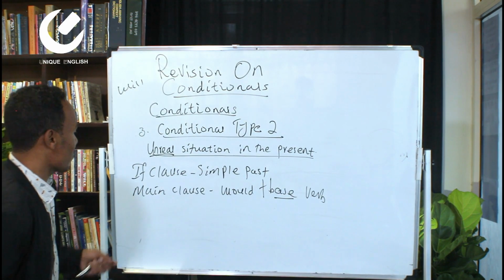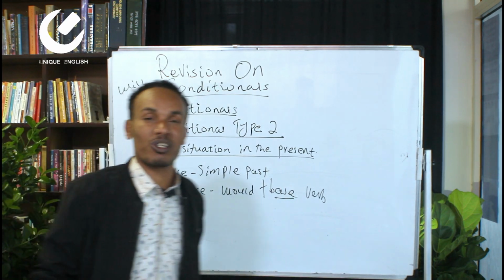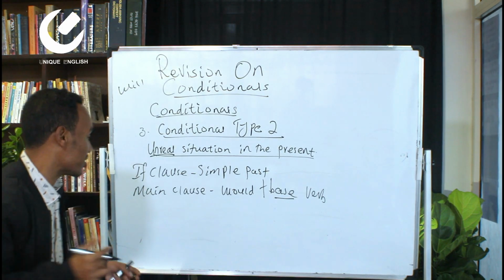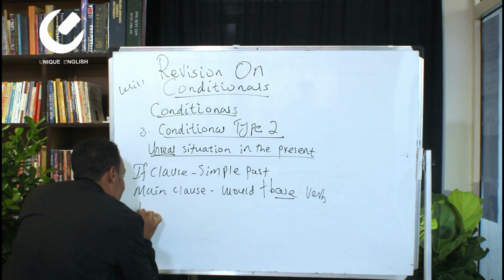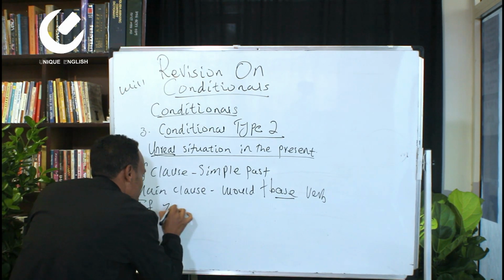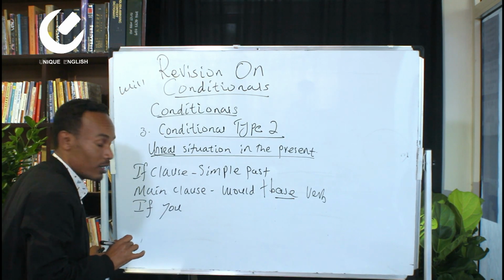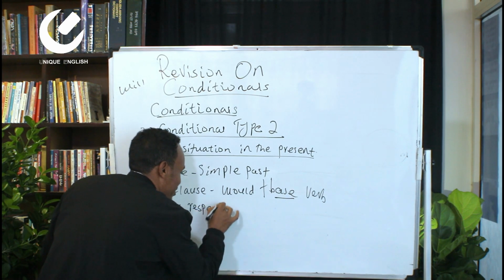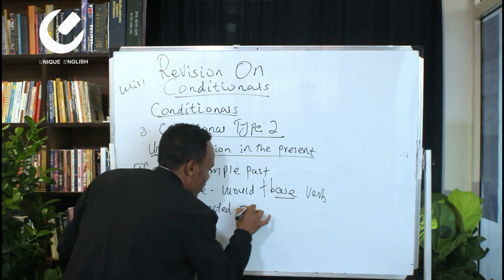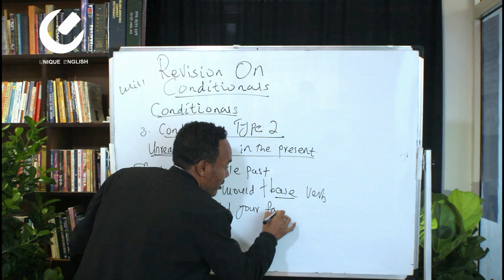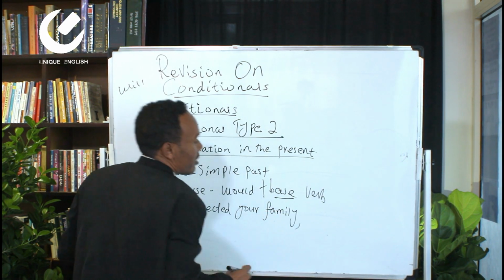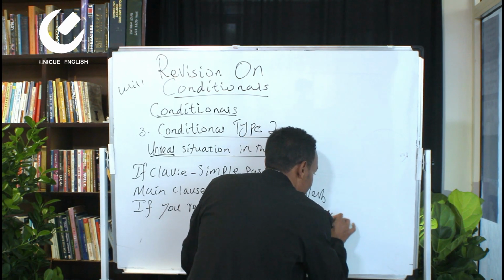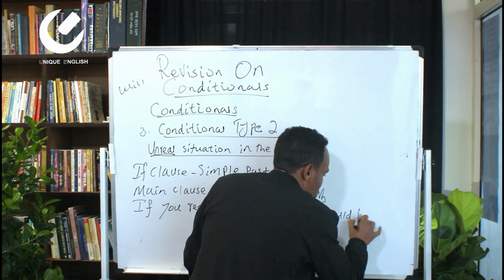Now here, I'm not talking about the structure; which book can it be found in? I'm very much interested in the meaning, right? So, if you respected your family, it would be good for you.